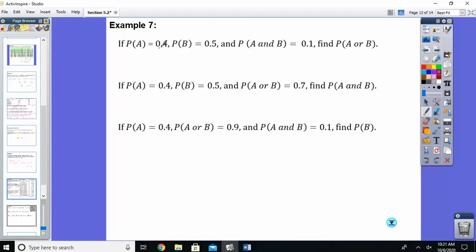We have A, B, A and B, A or B, so this is just our general addition. From our formulas that we wrote down today, the probability of A or B is the probability of A plus the probability of B minus the probability of A and B. Do I know the probability of A or B?